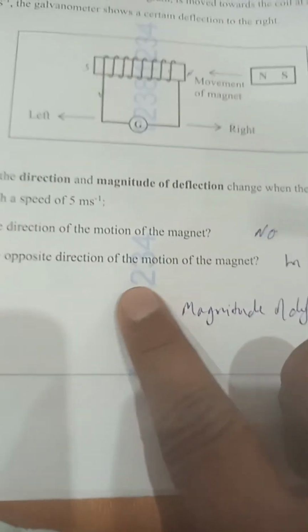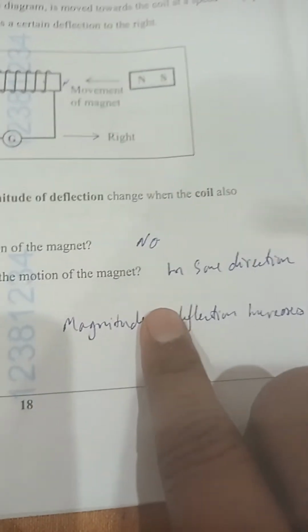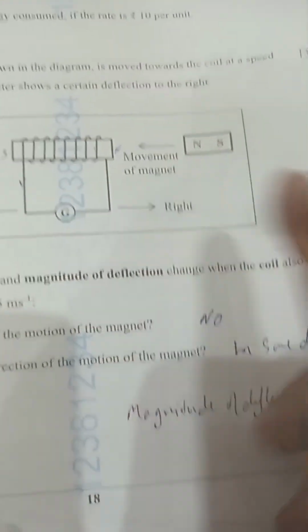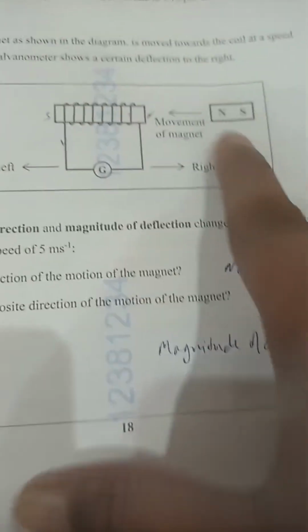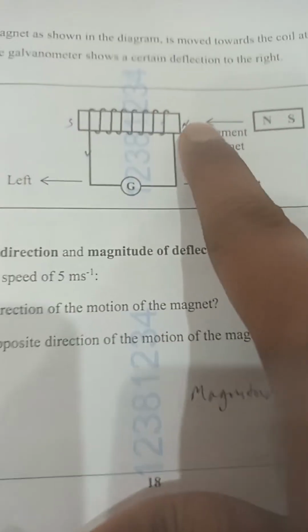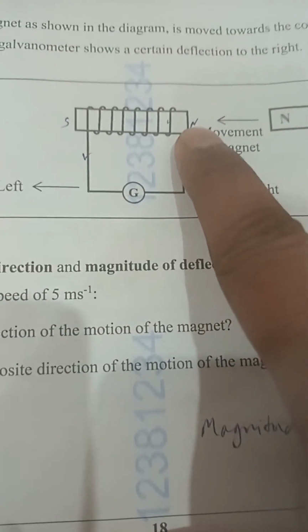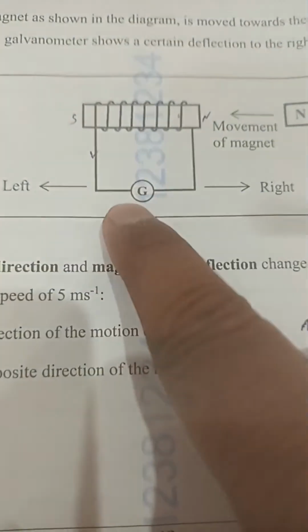When it is moving in the opposite direction of the motion of the magnet, what will happen? Then at this end north will be there. The direction of current will be of this type.